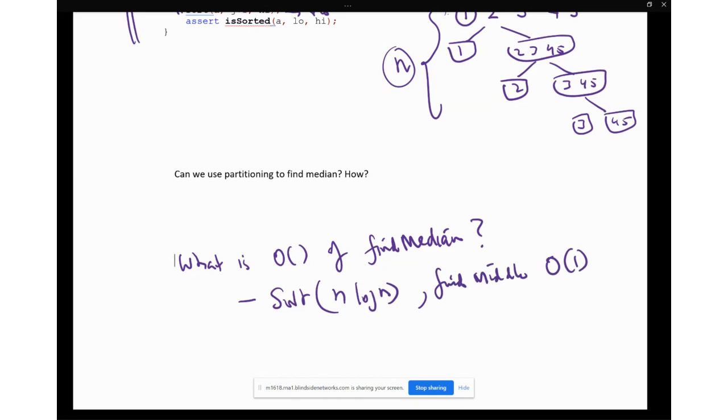So you can find the median in n log n using something like merge sort, because it guarantees sorting in n log n. So now the question is, can we use the idea of partitioning to find the median in less than n log n time?